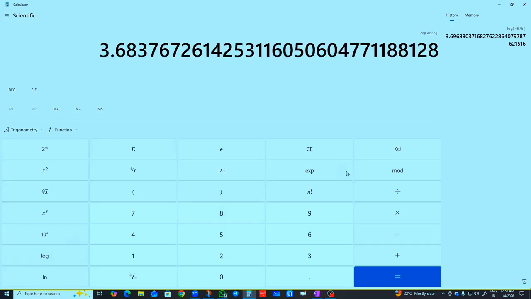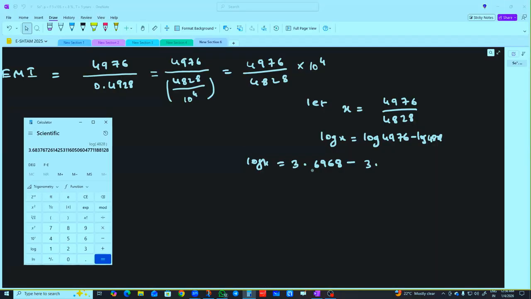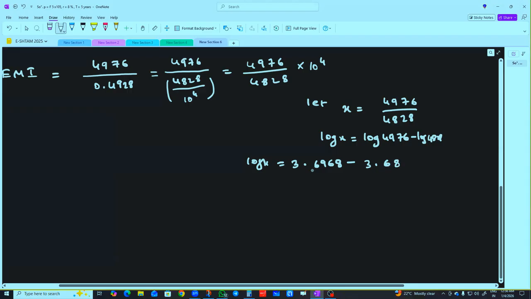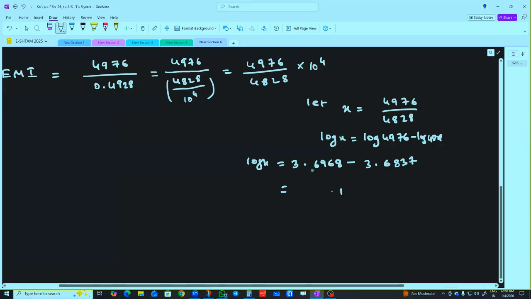It is 3.6837. Now subtraction: 8, 7 is 1. 6, 3 is 3. 9, 8 is 1.